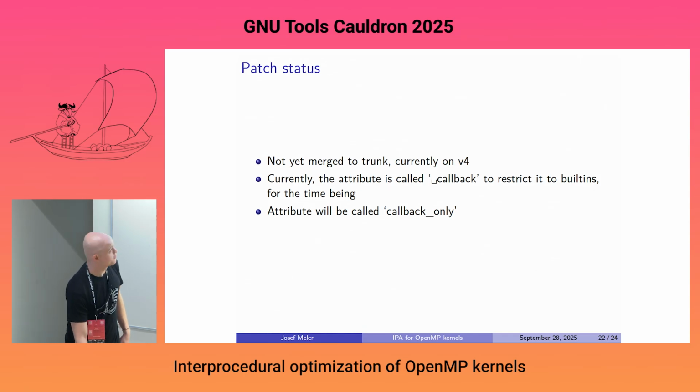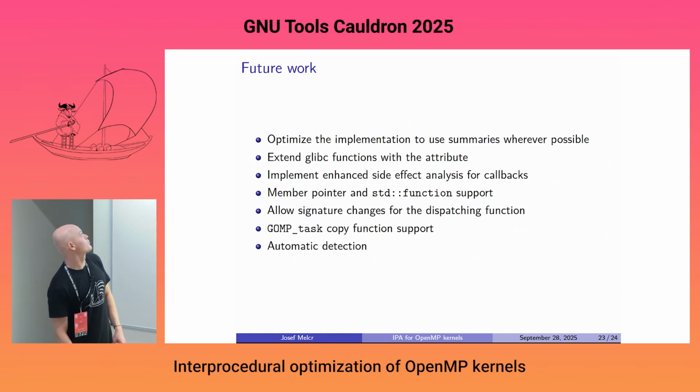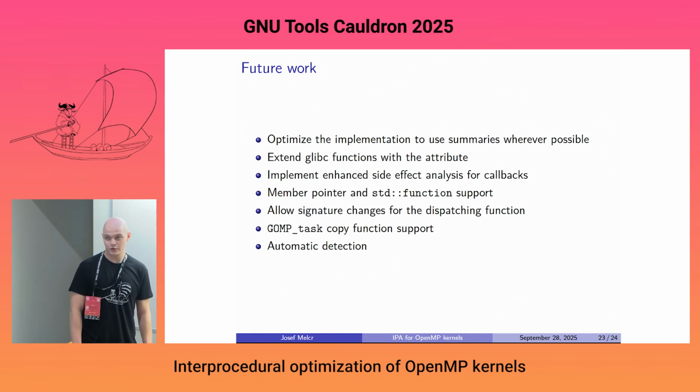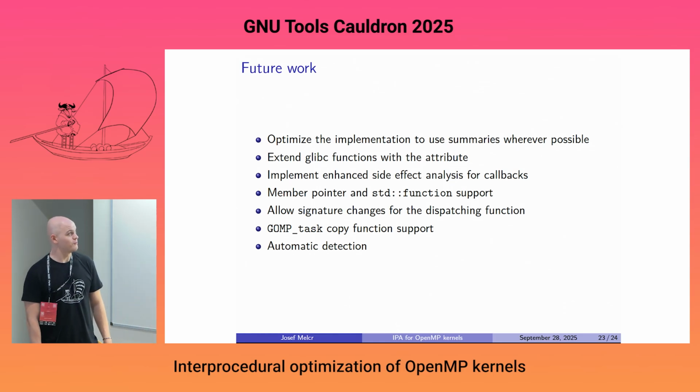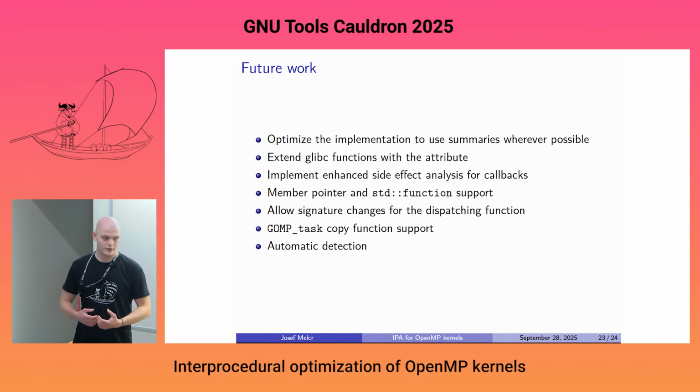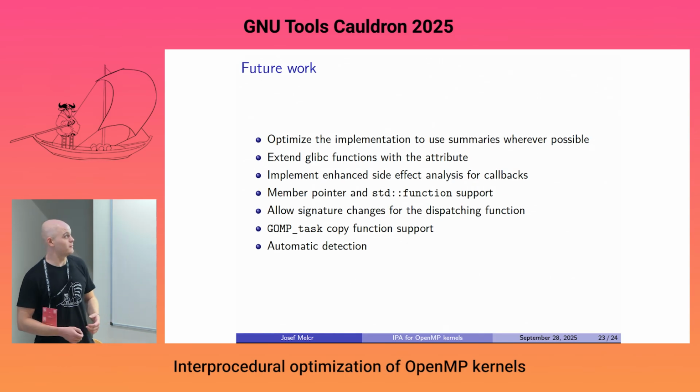Well, on to future work. Once we get it merged, the first order of business will be replacing some fields in the cgraph edge class with summaries. Because right now, there are additional 2 bytes to link attributes and edges together, and that's really wasteful. But yeah, the patch is already long enough, so I saved it as an incremental change.